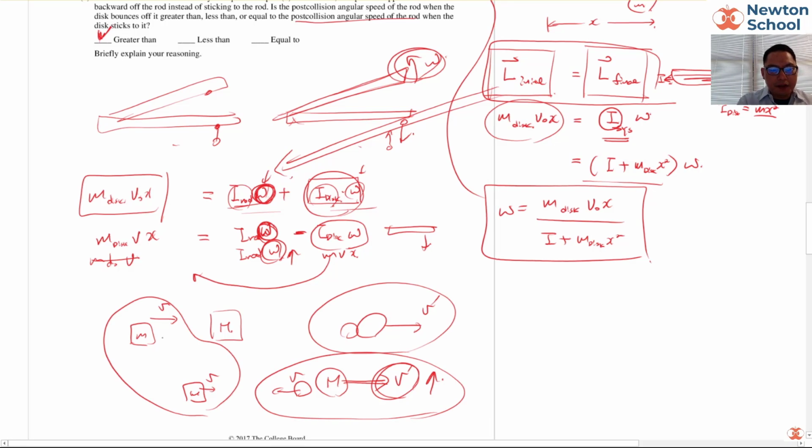Everything starts from mv. So here you get mv equals m plus M v prime. But here you have mv equals negative mv plus large M v prime. Because of this negative part, this guy has to gain more momentum, or more speed. That's analogous to this scenario.